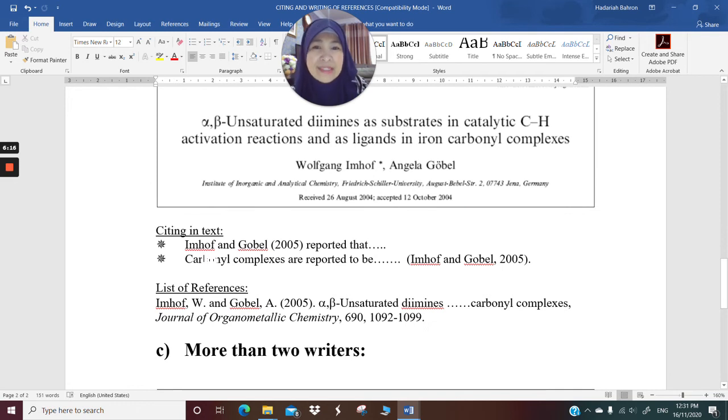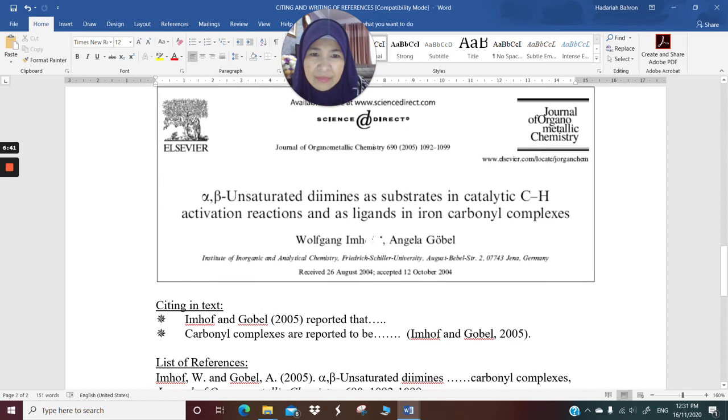The way that you would cite the findings of these two authors in this paper is you say Imhoff and Goebel. Always cite the names in the order they appear in the paper, and use the surnames. Imhoff and Goebel, year 2005, reported that... is it 2005? Yes, it was.